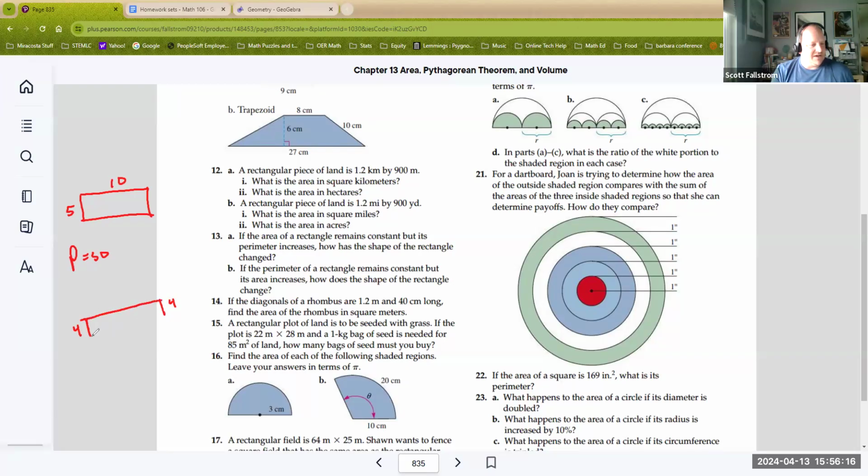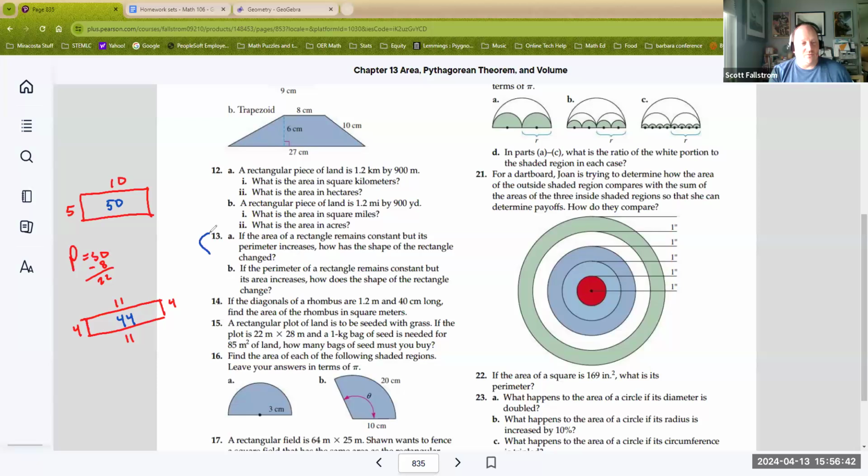That just used up 8, right? So if I take away 8, that leaves me with 22. So that means over here, this one should be 11 and that one should be 11. The reason why I want you to think of that is the area of this rectangle now becomes 44. But up here, the area was 50. They have the same perimeter, but the area definitely is not the same.